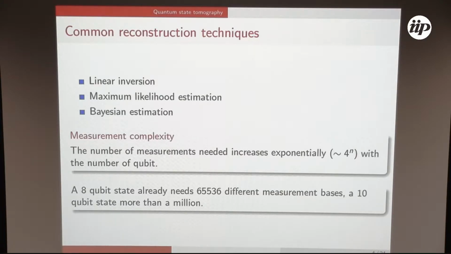Different kinds of measurements, different bases, so not samples.